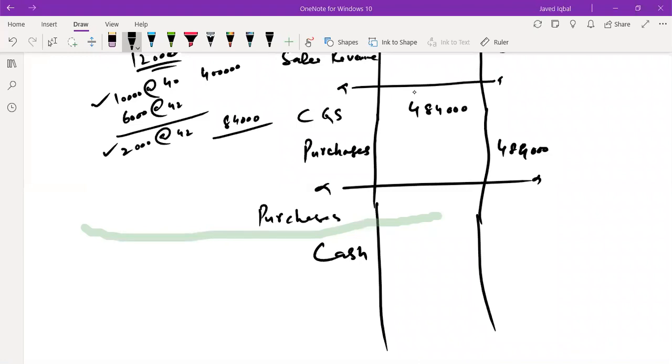So this becomes 246,000 in cash. This would conclude this transaction.